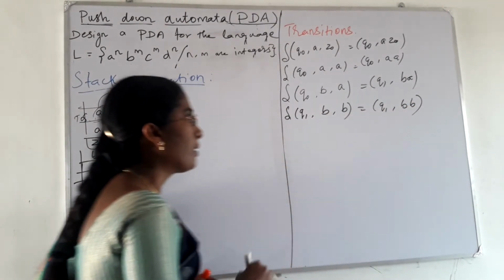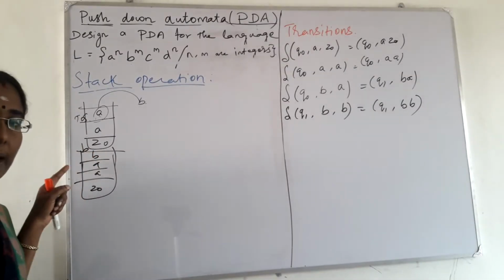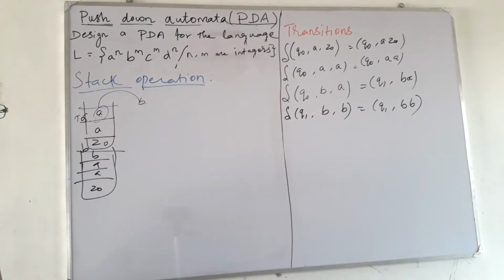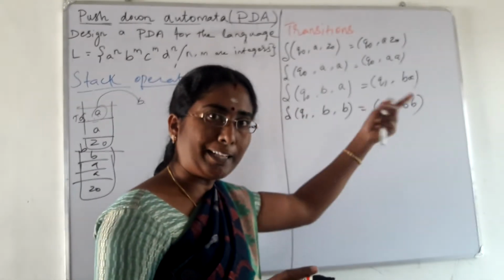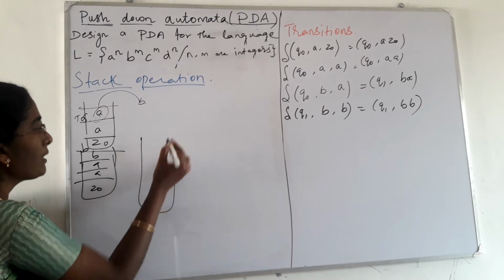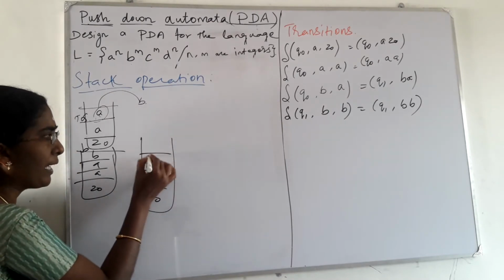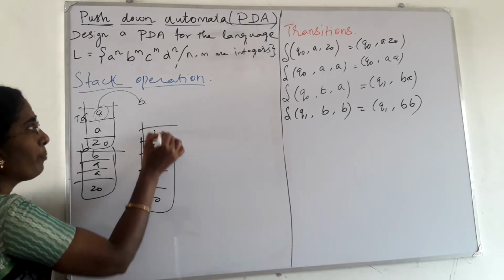Like this it can read n number of B's; the same transition can be repeated any number of times, that's no problem. Now the stack has n number of A's followed by some m number of B's.